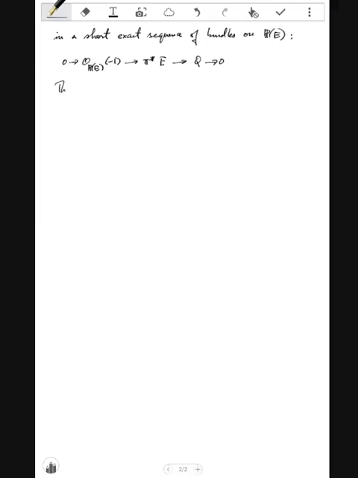So the sub bundle O_{P(E)}(-1) is constructed using the gluing construction.